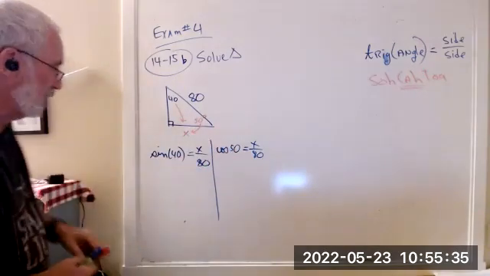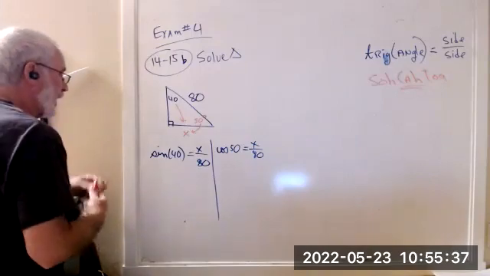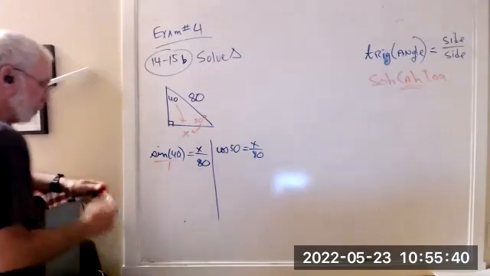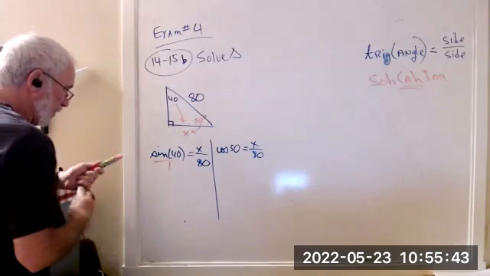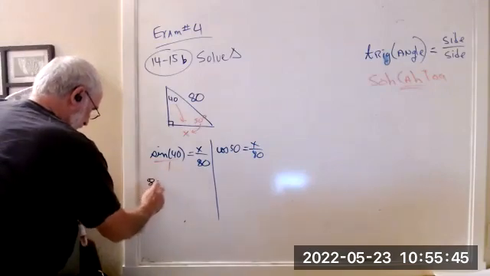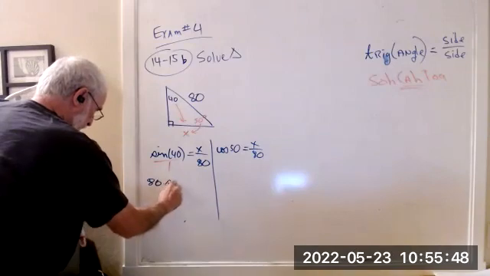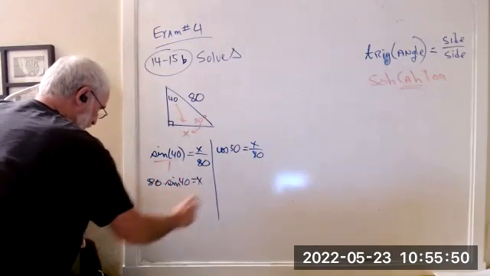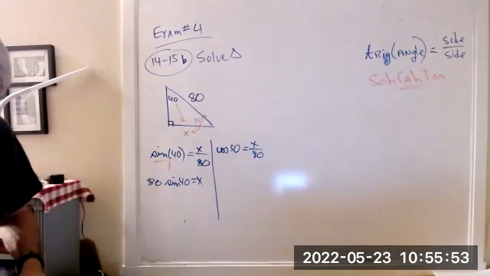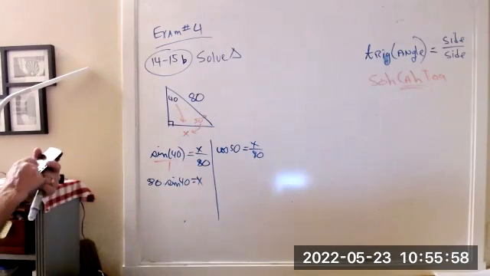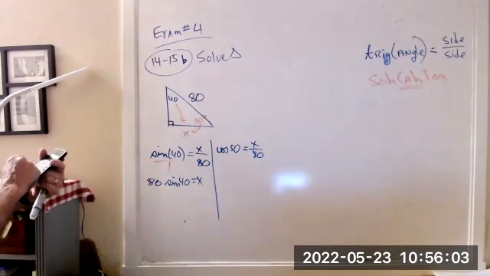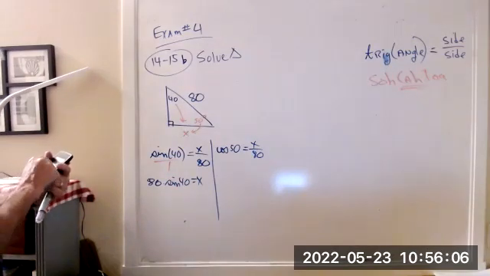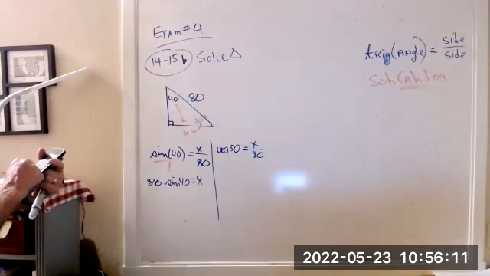That's a guarantee. So anyway, then what I did is I cheated a 1, so I cross multiply, and I had 80 times the sine of 40 equals X, and now I'm just doing stuff on my calculator. 40 sine times 80.